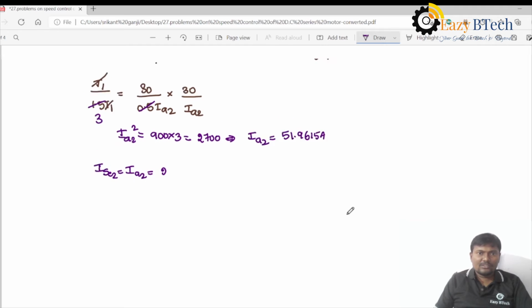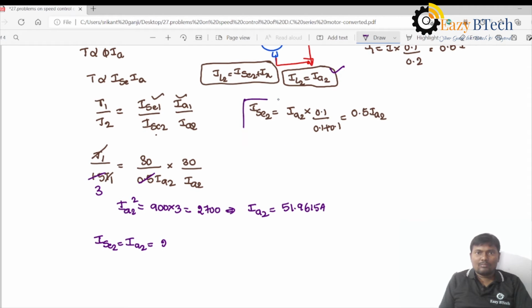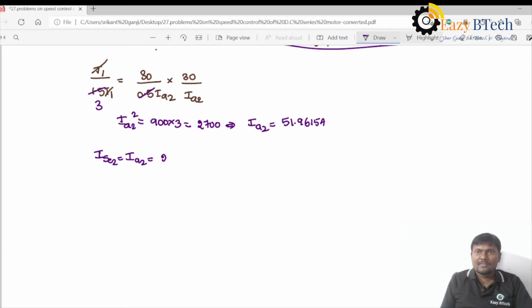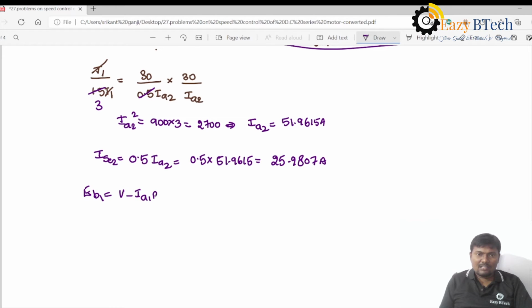And ISC2 is equal to 0.5 times of IA2. Substitute here, ISC2 is equal to 0.5 times of IA2, that is a half of this 51.9615, that should be equal to 25.9807 amperes.